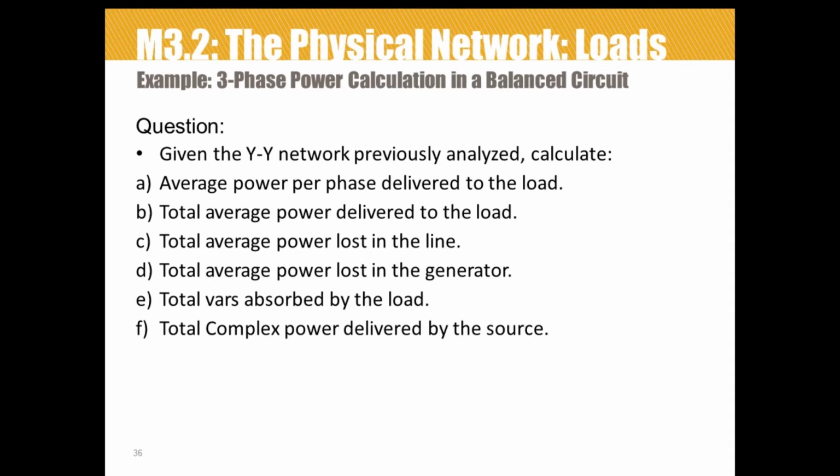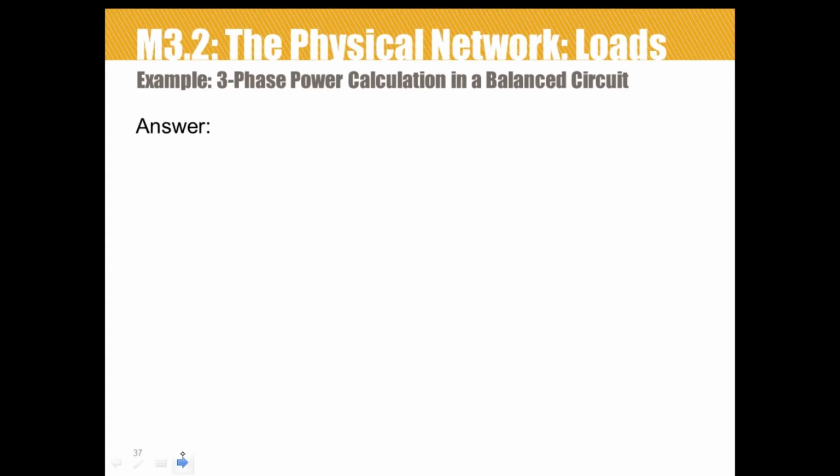So we want to look at the average power per phase delivered to the load, the total average power delivered to the load, the average power lost in the transmission line connecting the generator to the load, the total power lost in the line, the total average power lost in the generator due to its internal impedance, the total VARs absorbed by the load, and the total complex power delivered by the source. So let's take a look at these calculations.